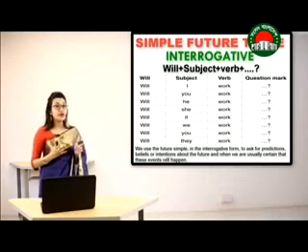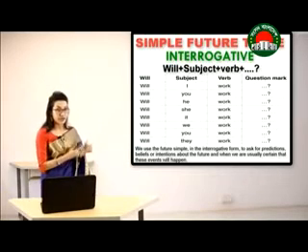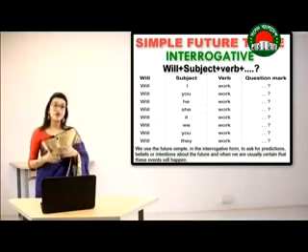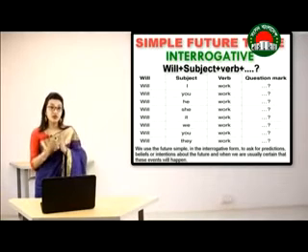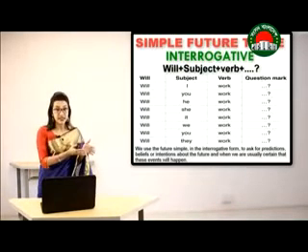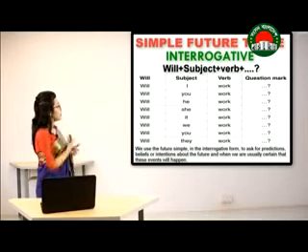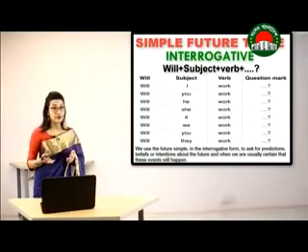Now here we are going to look at interrogative sentences in simple future tense. As you know, when we ask a question, we use will at the beginning of the sentence. In these cases we have used will, subject, and then verb.